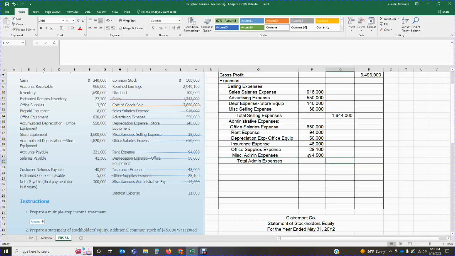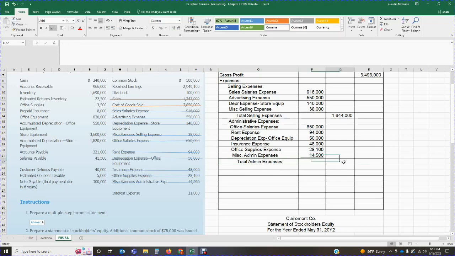We're going to add them up, and that's going to give me $884,600. Now we can get our total operating expenses.